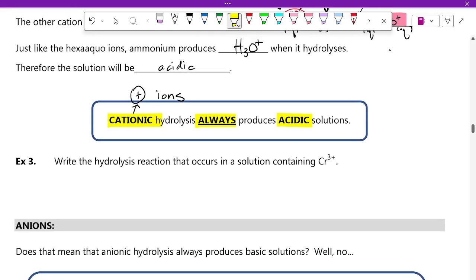Could you please write the hydrolysis reaction for a solution containing chromium 3+? Is your phone helping you with your chemistry? Okay.